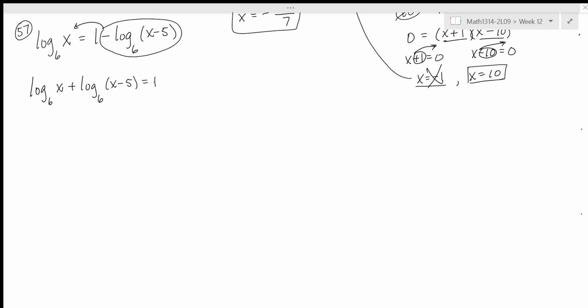Okay, so now can I combine the 2 logs using which property? Yeah, product rule. Using the product rule, we know that addition turns into multiplication. The 2 logs become 1, and their stuff gets multiplied.